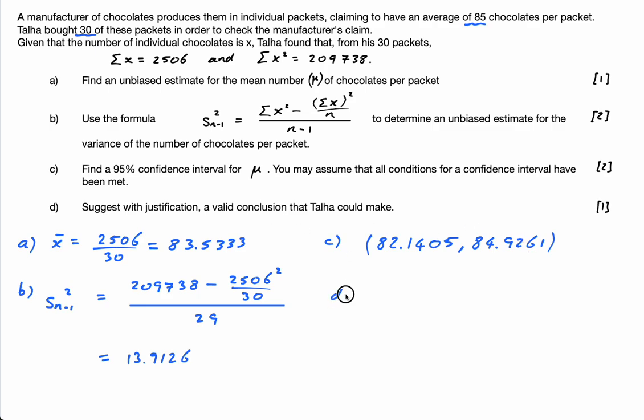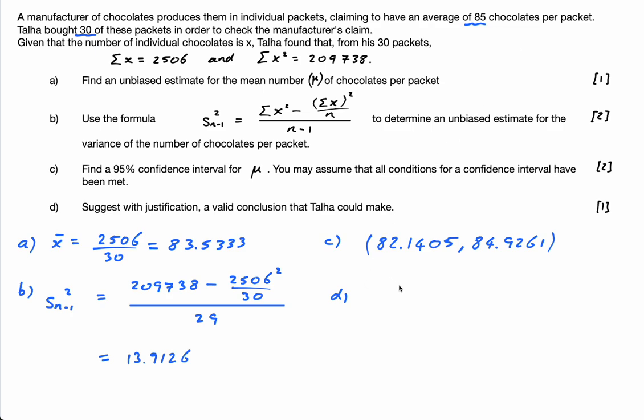And then he says, suggest with justification a valid conclusion that Tala could make. Right, so remember, you got to go back to this original claim. He's claiming that there's 85 chocolates per packet.